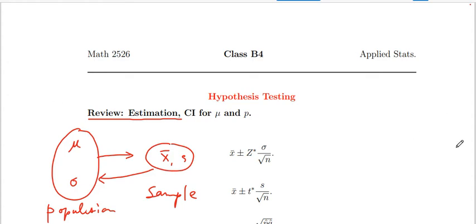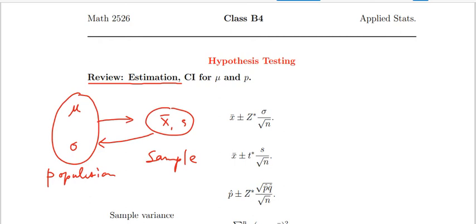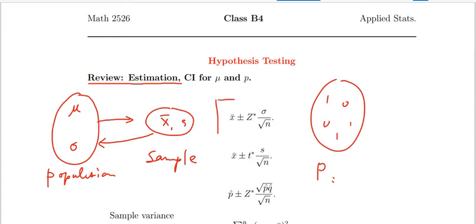A typical situation is the population's proportion. If a population is a 1-0 population, then we just focus on the percentage for, say, yes, like a proportion. Here we have this formula, x bar plus minus z star times sigma over root n.